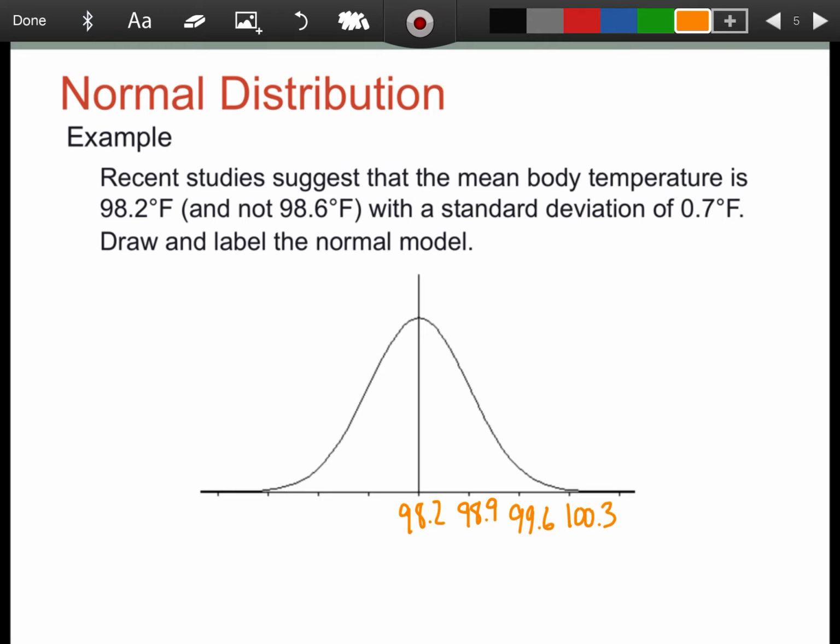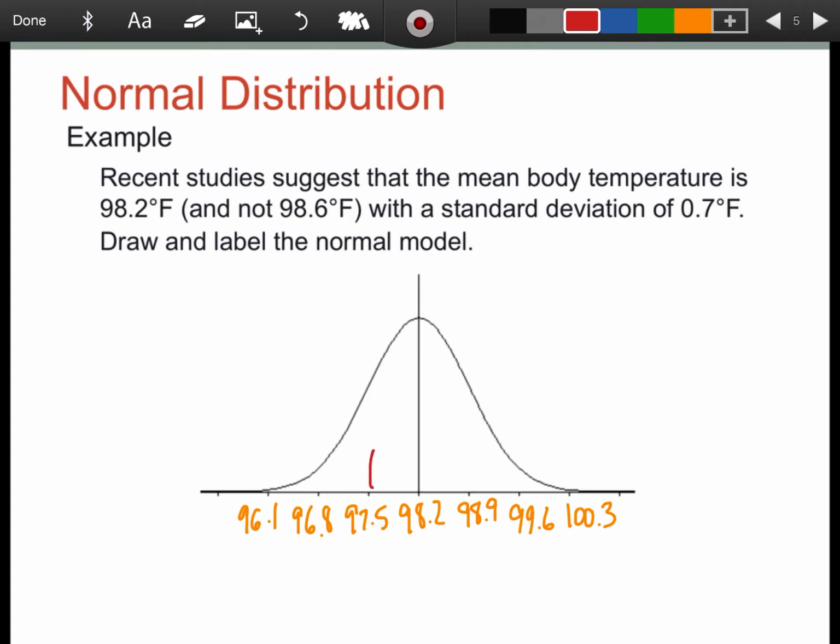Now if I go below the mean, 98.2 minus 0.7 would be 97.5 degrees. 97.5 minus 0.7 would be 96.8 degrees. And then 96.8 degrees minus 0.7 degrees would be 96.1 degrees.